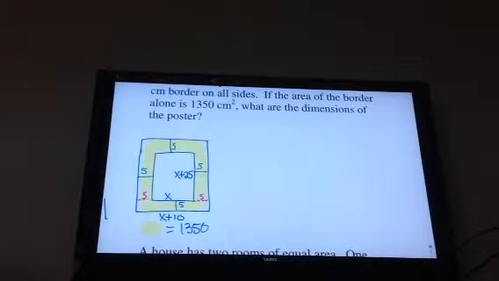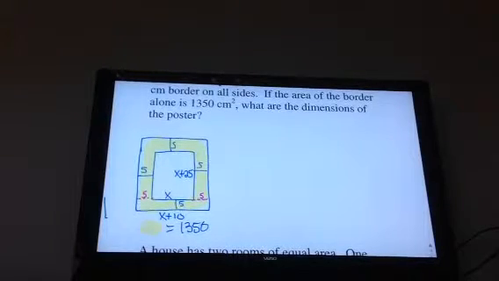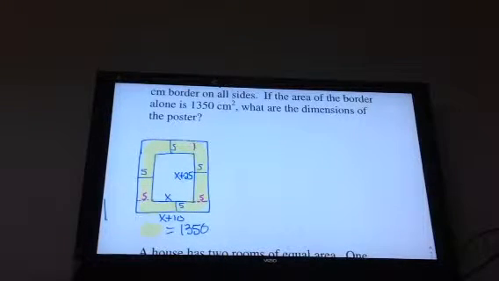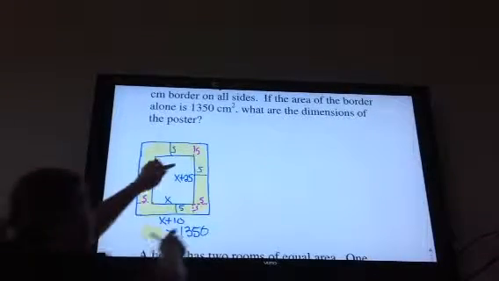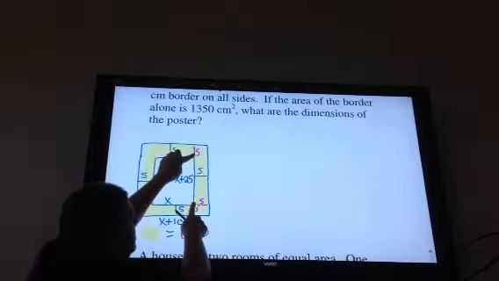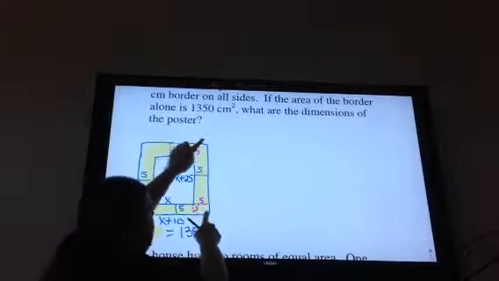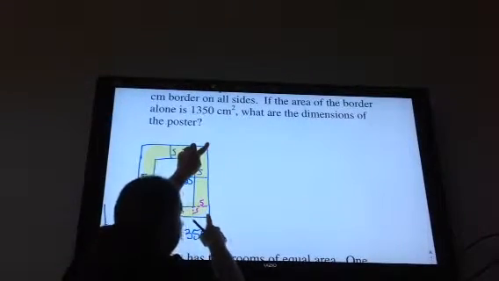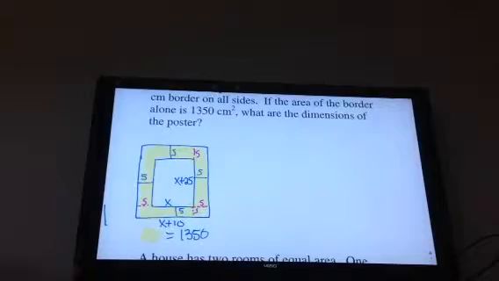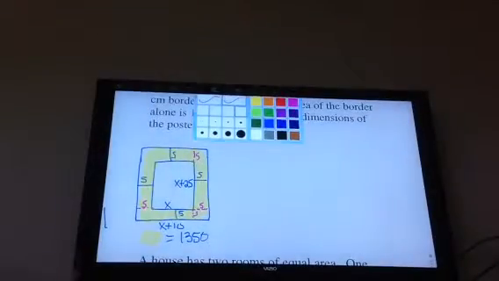And then using that same concept, that's 5, that's 5. If this is X plus 25, plus 5, then this outside height of the poster with the frame is X plus 35.